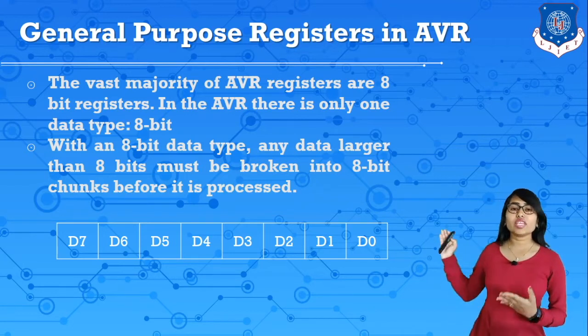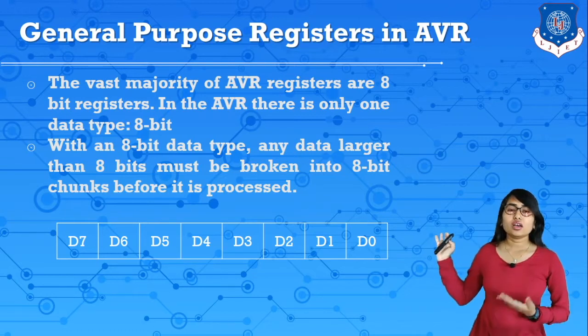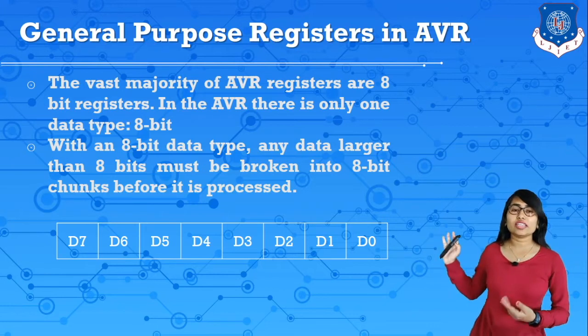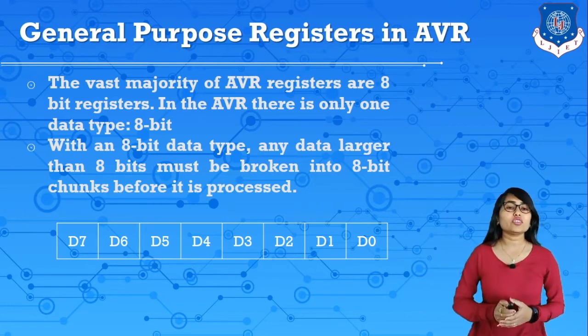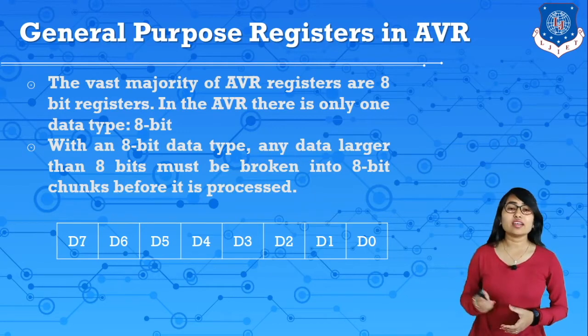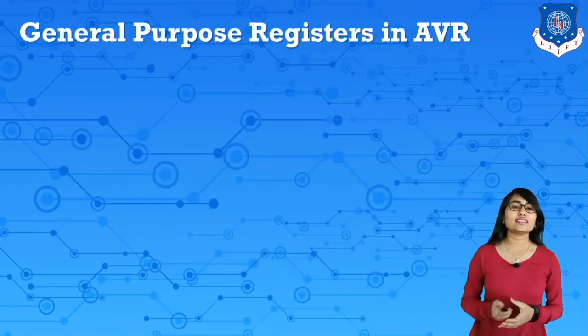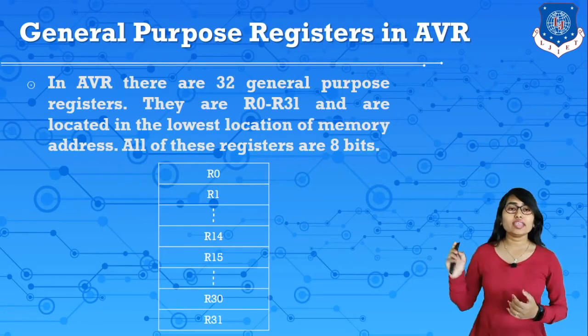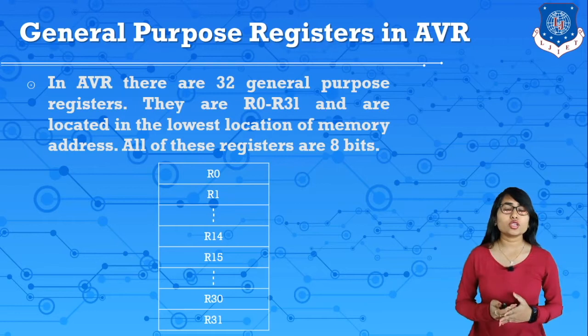Here we have a basic diagram for a general purpose register. We have D0, D1, D2, D3 up to D7, a total of 8 bits in a general purpose register, and in an AVR there are 32 general purpose registers.